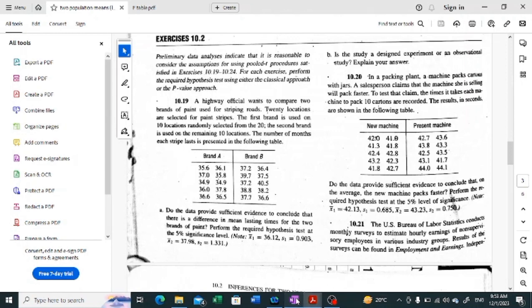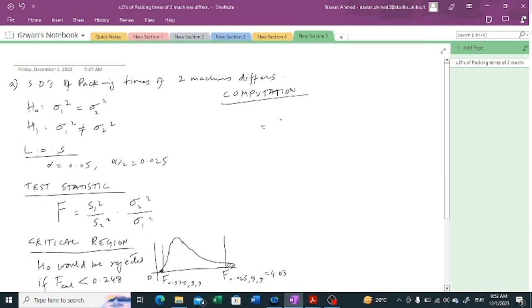So better is to take it as whole square, and then this ratio of sigma 1 square to sigma 2 square, whenever the two variances are given equal, the ratio of sigma 2 square to sigma 1 square will be equal to 1.